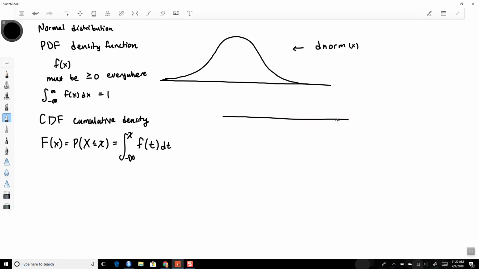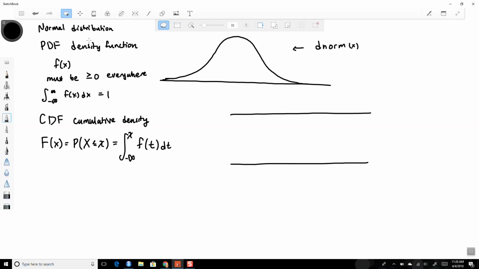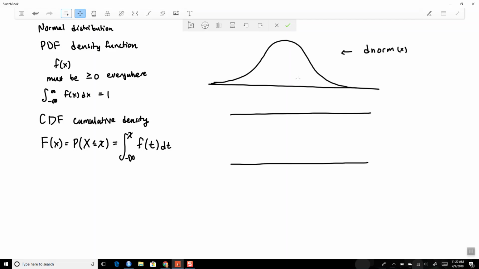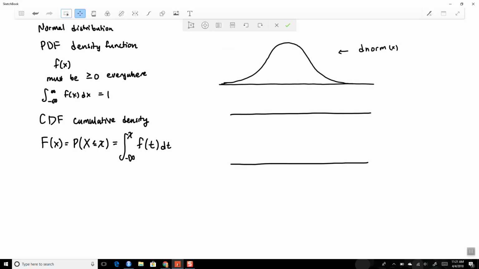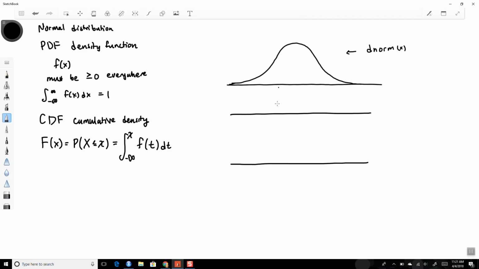For the normal distribution, it should look something like this.